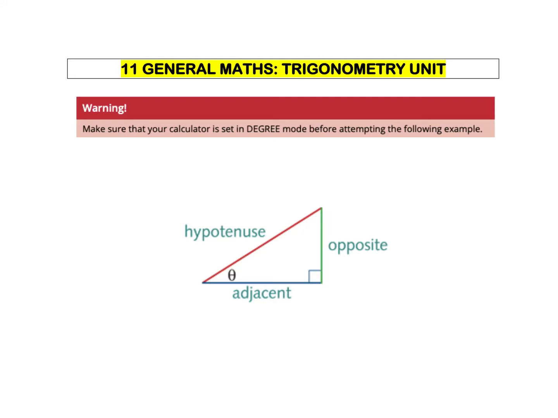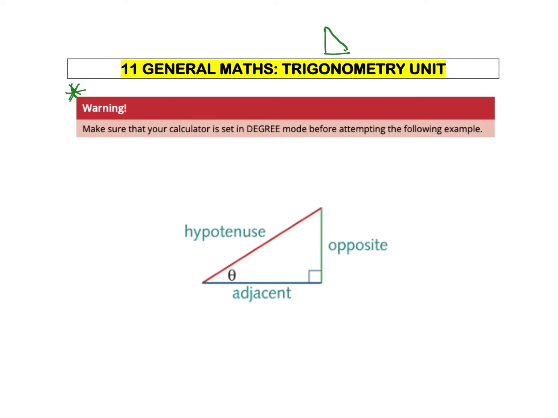So today we're starting our unit on trigonometry, and trigonometry is all to do with triangles, obviously. We're going to be using our calculator heavily again. We'll look at this a bit later, but it is really important that we have our calculator in degree mode.